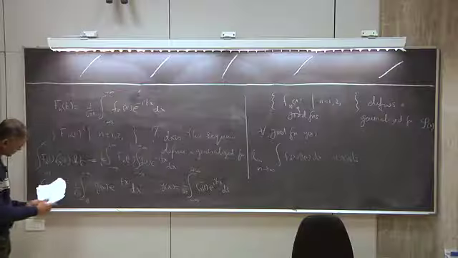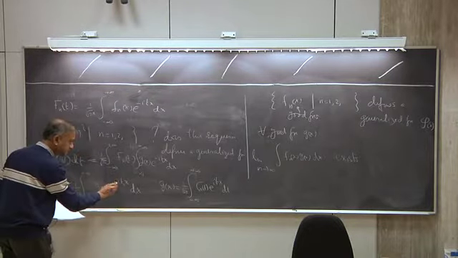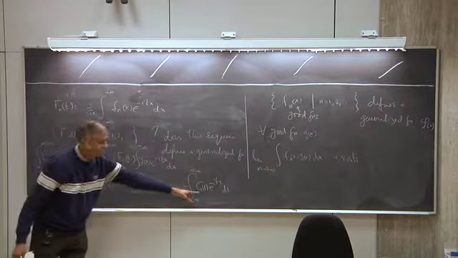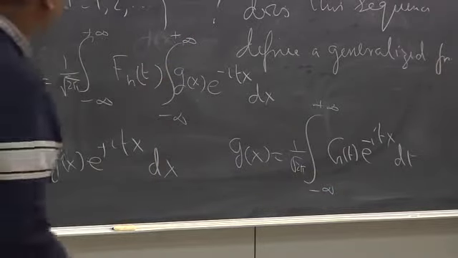Maybe I should define it like this here, just to get that form. So, this little g of x is just a Fourier transform of capital G(t), and then I substitute that back there, and I get this here.